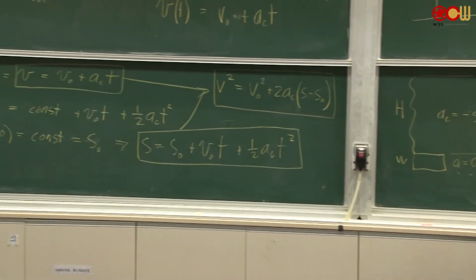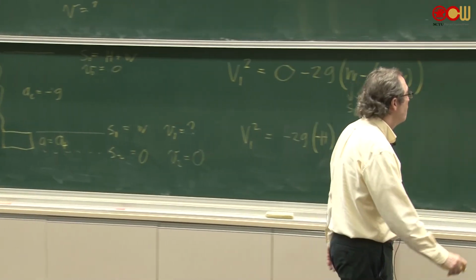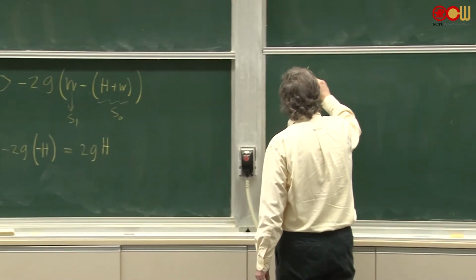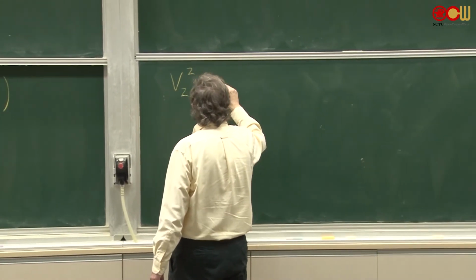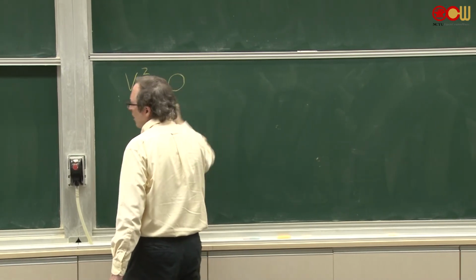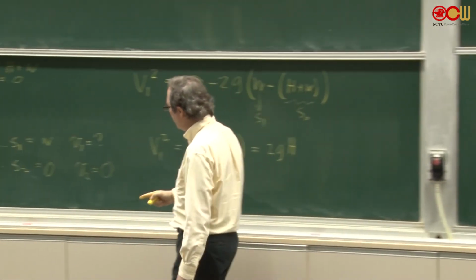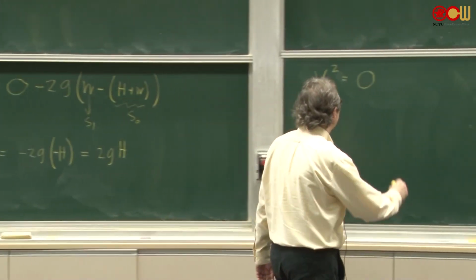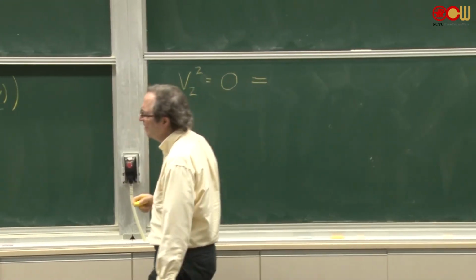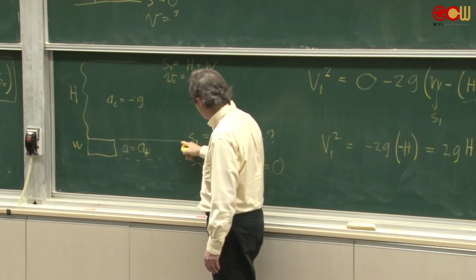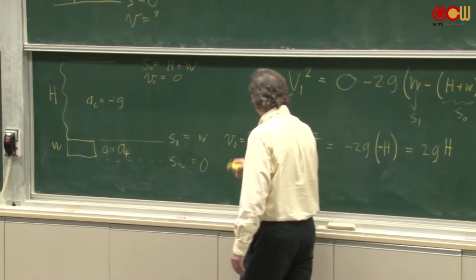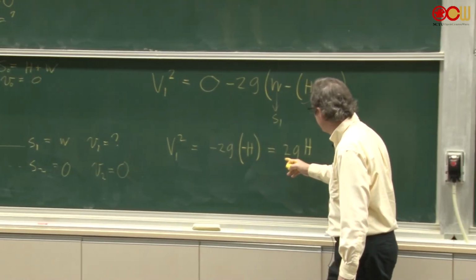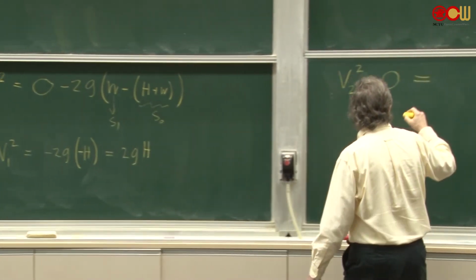Okay? All right. So I want to find, I know V2 squared is what? Well, it's 0, because I have this. V2 squared is 0. All right? And that's got to equal the initial velocity for this part of the motion. Well, the initial velocity here is V1. I just calculated V1 squared, and that's what I need.